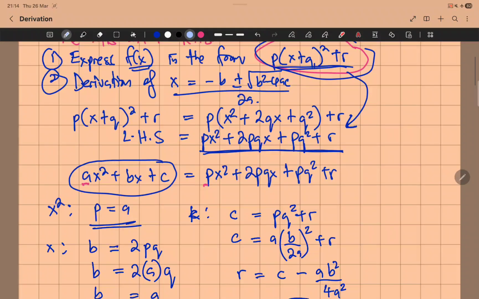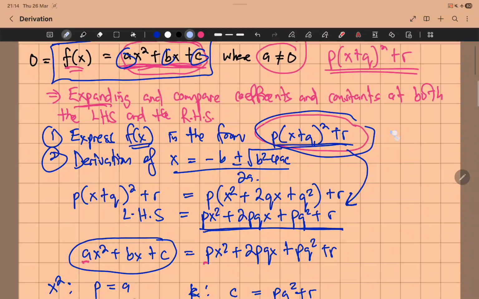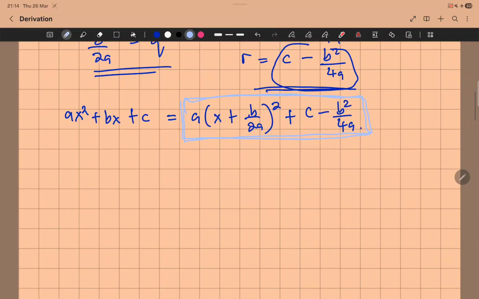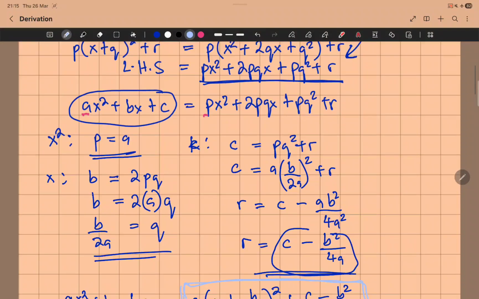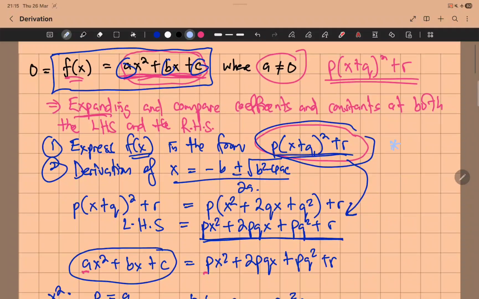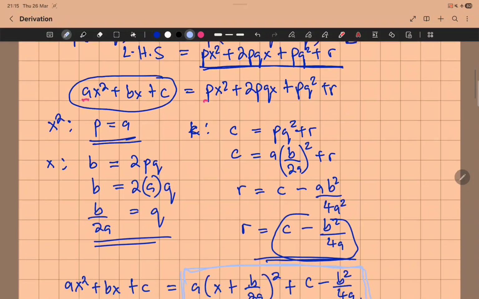So we are now going to the second part, which is the derivation of this formula. We derive this formula under the condition that f of x is equal to 0.